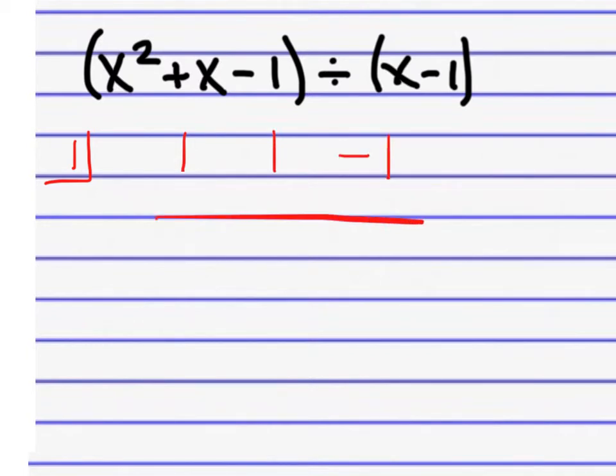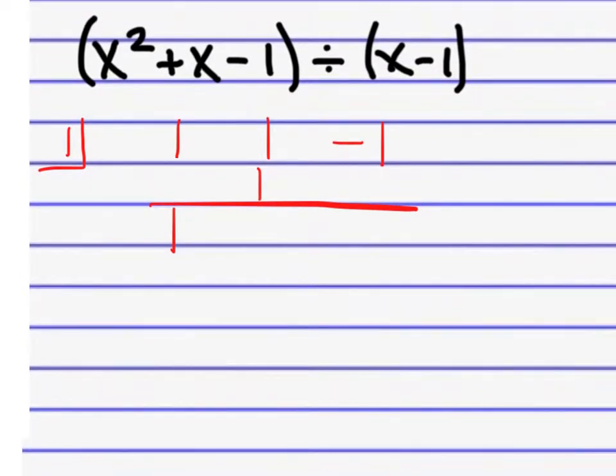Draw a line and drop the first coefficient. Multiply that by the 1 from your bracket, here to here. 1 times 1 is 1, and put the result there. Add this column. That'll give us a 2.